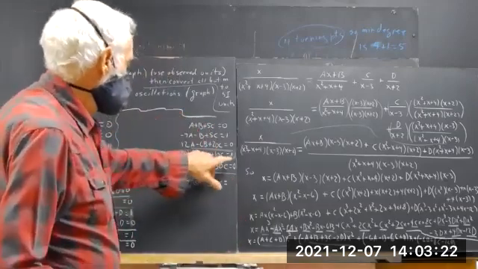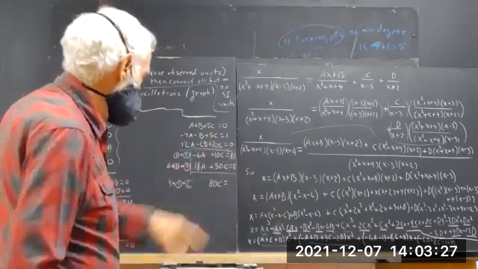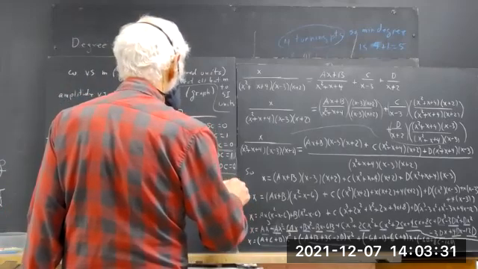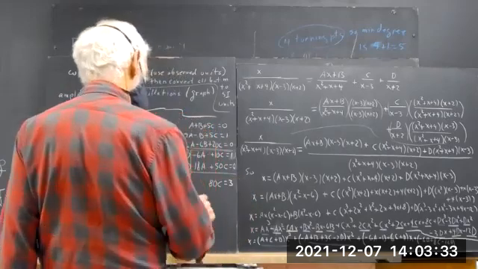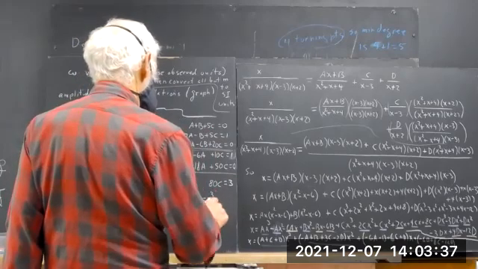And 3 times the first equation gives us a 3 here, and the second equation has a 0, so 80c equals 3. So now c equals 3 over 80.